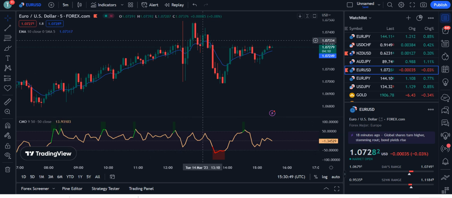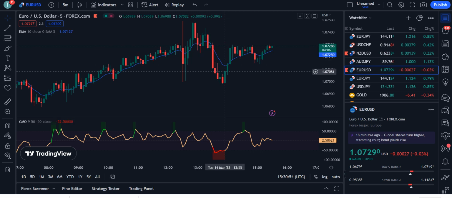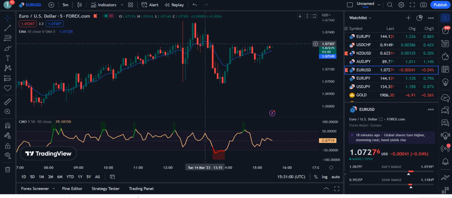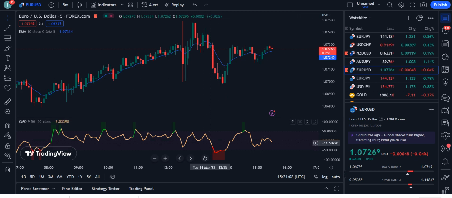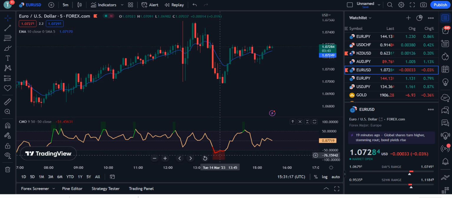Now for the downward trend, our EMA is showing us the downward trend, and we have to see that our market gives us red color candles. If the red candles are formed under the EMA, then we have to look towards this CMO or Shandy Momentum Oscillator, that it also gives us the signal in the negative values, for example down to minus 50.